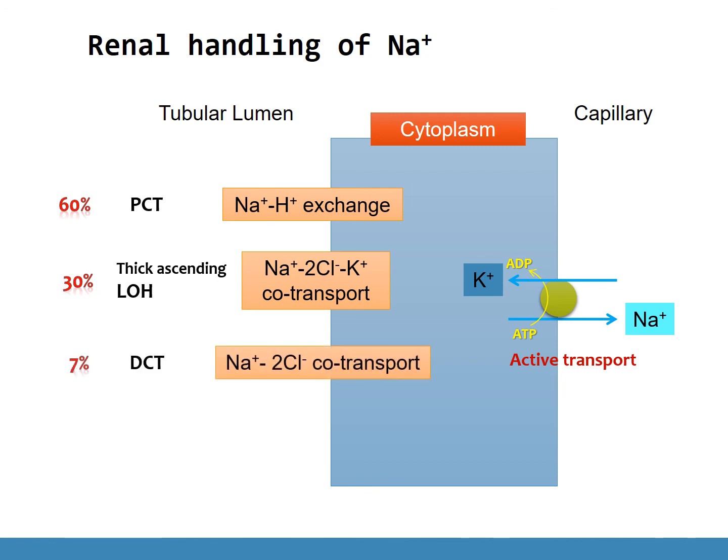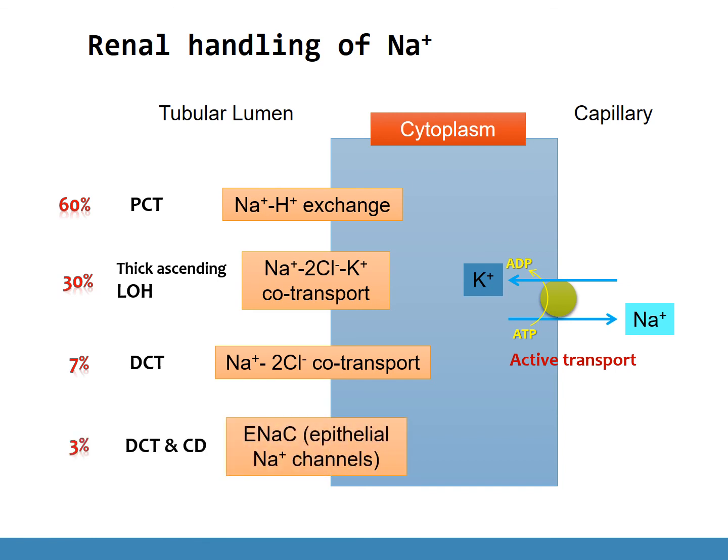Moving on to the distal tubule, 7% of the filtered load of sodium is reabsorbed here using the sodium chloride cotransport channels. In the collecting duct and also part of the distal convoluted tubule, the remaining 3% of sodium is reabsorbed, and this is through the epithelial sodium channels. All right.